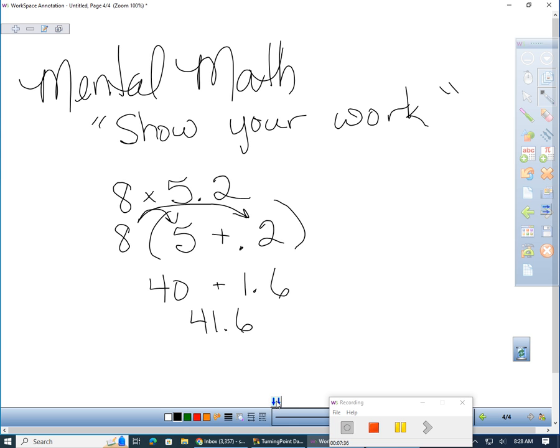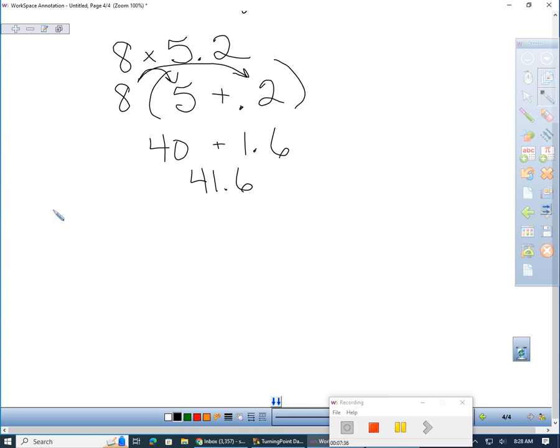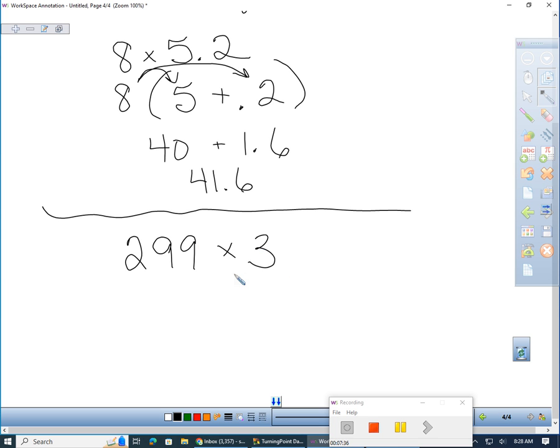All right, let's do another one, and then we're going to do an actual example. How about if I had 299 times 3? Well, we're going to put 3 in front of the parentheses. 299 is close to what? 300.